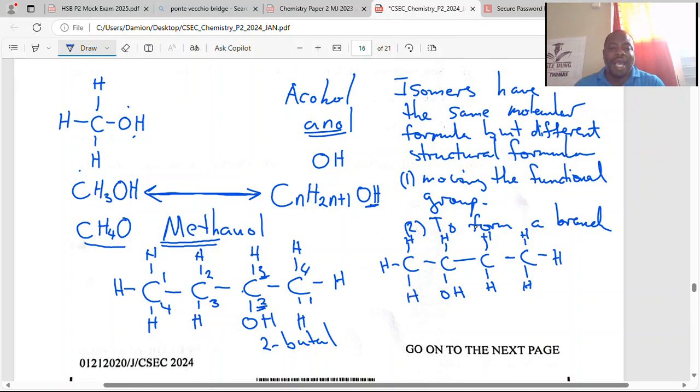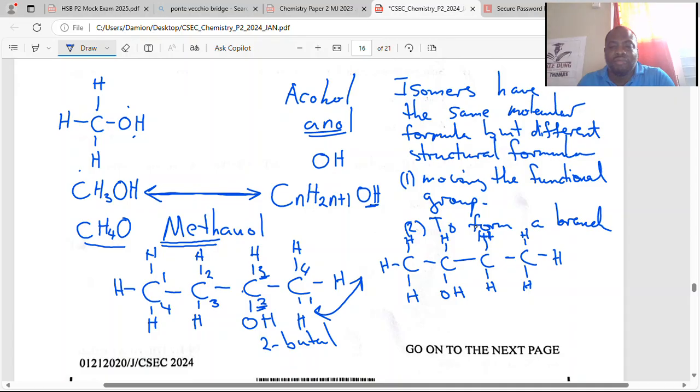Can this be an isomer of this? And this is an H, guys, sorry about that. Can this compound be an isomer? We said that whenever we're creating an isomer for the alcohol or the alkene, we can simply move around the functional group. Is this an isomer of this?